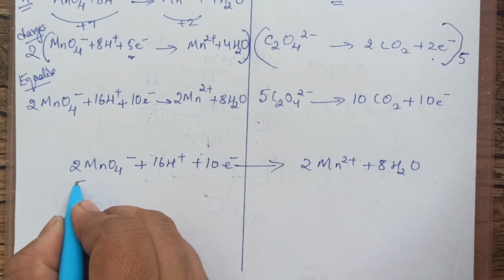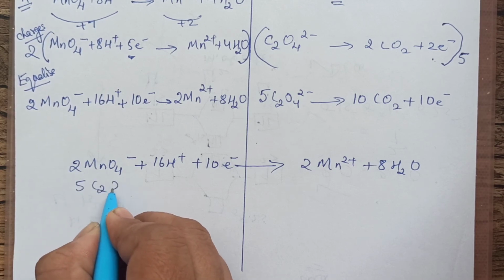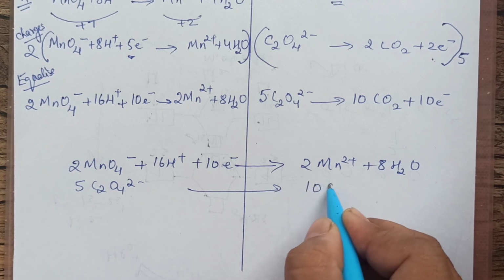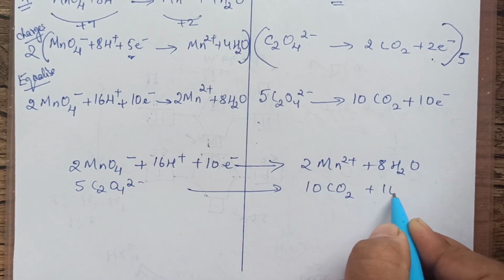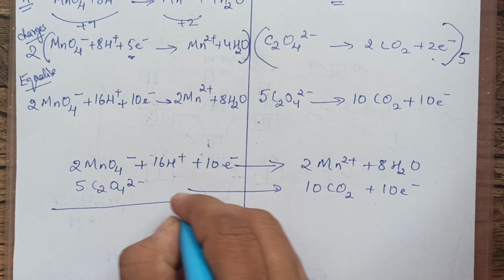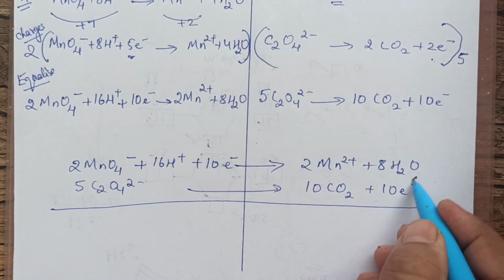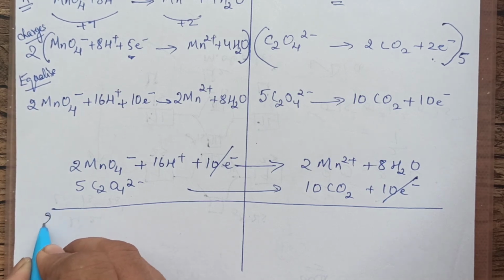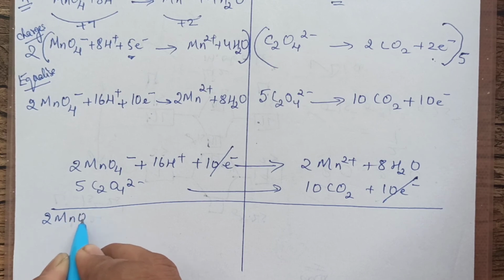And now I'll copy the other equation. 5C2O4 2 minus is forming 10 carbon dioxide plus you have 10 electrons. Okay, when you add them, first thing is electrons will get cancelled. You can cancel out electrons. In case you are having water or H plus common on left and right hand side, you can also cancel them. And I will now write down the whole equation again.